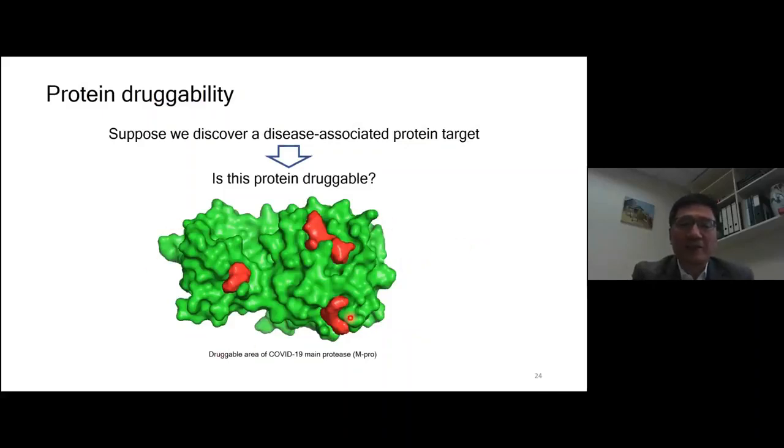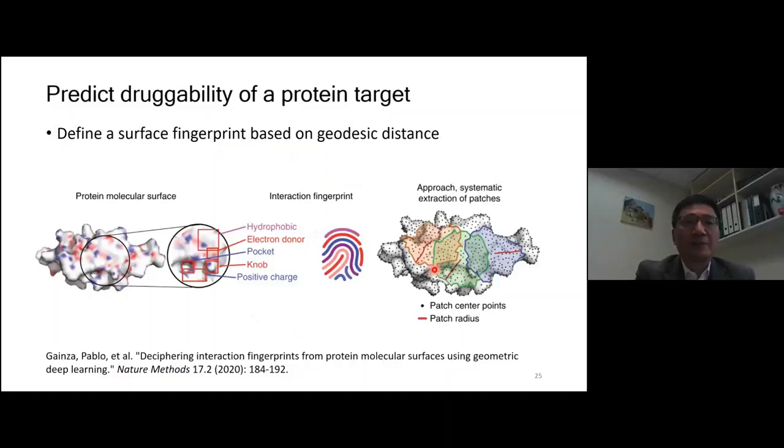I use this representation to show the overall shape of the protein in solution. To predict the druggability of a protein target, we need to define the surface fingerprint based on this geodesic distance.